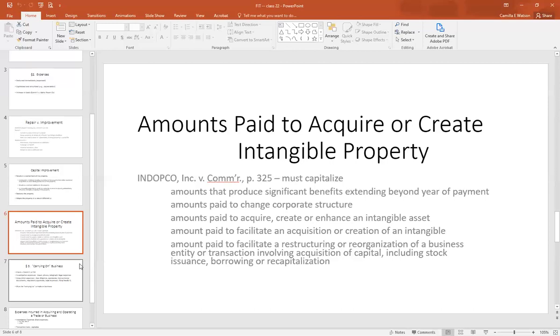In fact, the court simply states only that a taxpayer's realization of benefits beyond the year is undeniably important in determining whether the appropriate tax treatment is immediate deduction or capitalization. Thus, it could be argued that the court left quite a bit of wiggle room for the Treasury to design an administrative response to handle future capitalization questions.